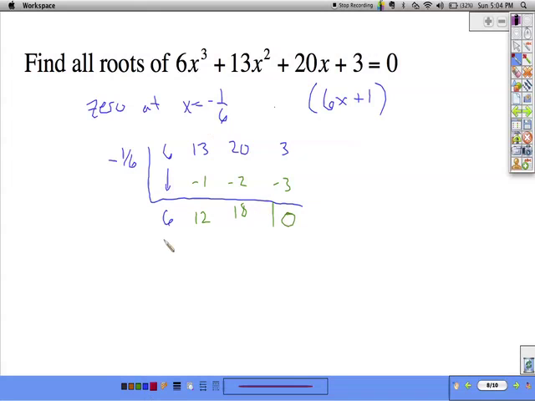And what we now know is we have the coefficients of a depressed polynomial. By dividing by 6x plus 1, the x cubed becomes x squared. So this is really 6x squared plus 12x plus 18 with no remainder. And I can pull a 6 out of there.